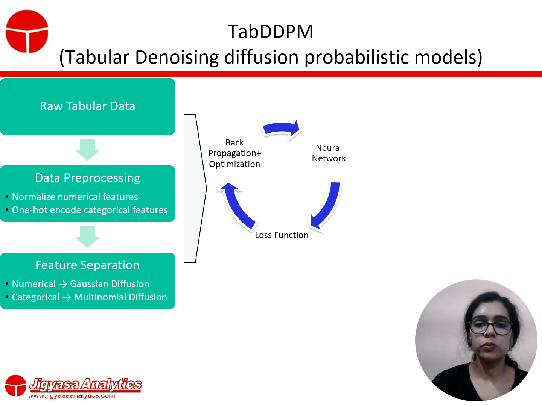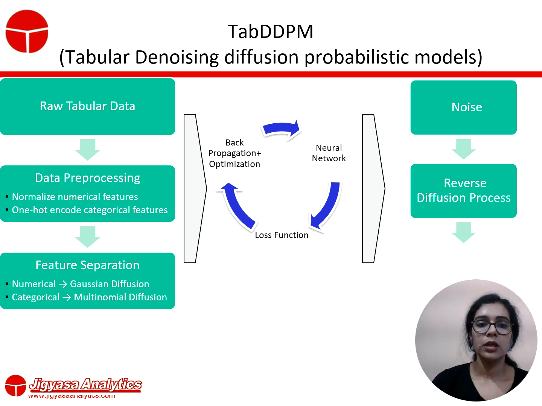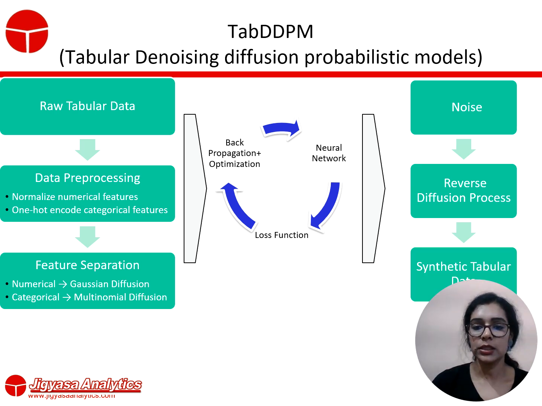Once trained, we move to the generation phase. We start with pure noise. This noise is gradually denoised through the reverse diffusion process. The result is high quality synthetic data that mimics the original dataset in distribution and structure.